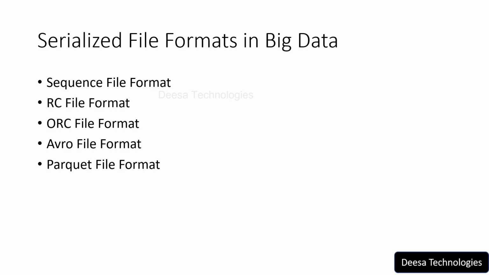Next comes the ORC file format, the optimized row columnar file format. In some ways, you can say ORC is an extension of the RC file format. It is again a columnar file format.